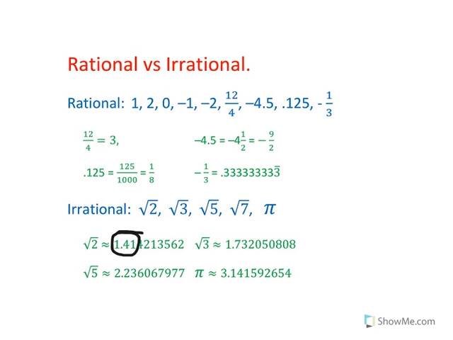The square root of 3, you might even call it 1.7. It's approximately equal to 1.7. Square root of 5, 2.2. Pi, 3.141592654. Pi is actually equal to the circumference divided by the diameter, and it is frequently simplified as 3.14.